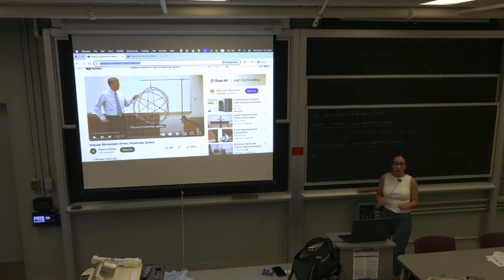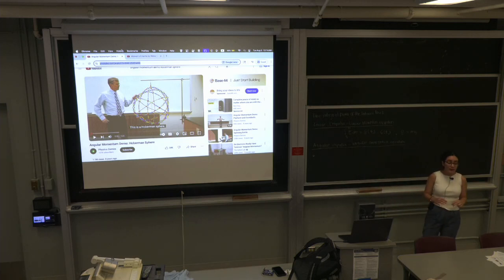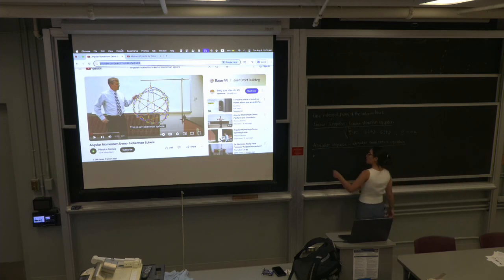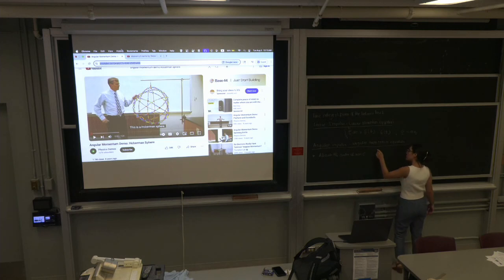We won't do the angular impulse angular momentum equation about a random point P because it's just not as easy to integrate. So about the center of mass, we have the integral from t1.